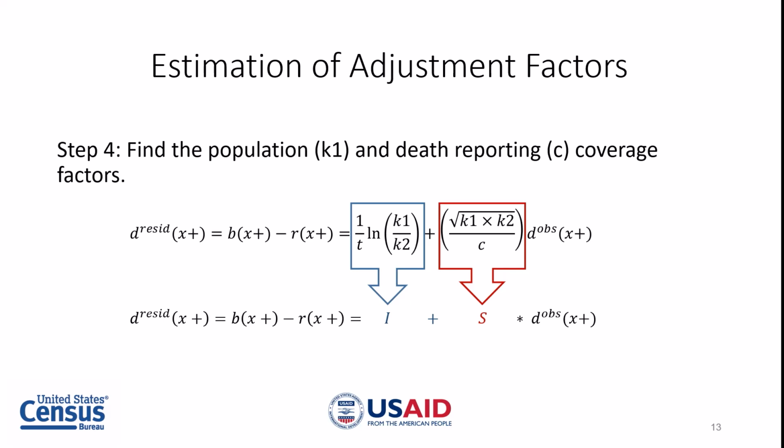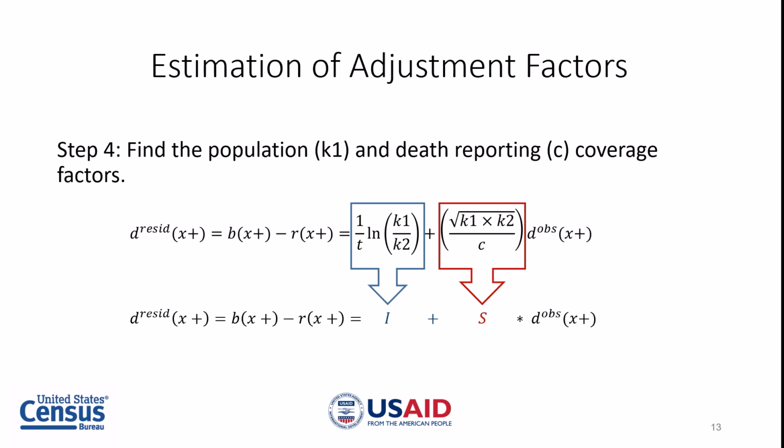I, the constant, is the estimation of the change in census coverage, and the slope S is the inverse of the completeness of death recording, I over C, times the geometric mean of the coverage factors for 2 censuses. The intercept I of the fitted line estimates the constant error in the growth rates, or the coverage of the first census relative to the second census.